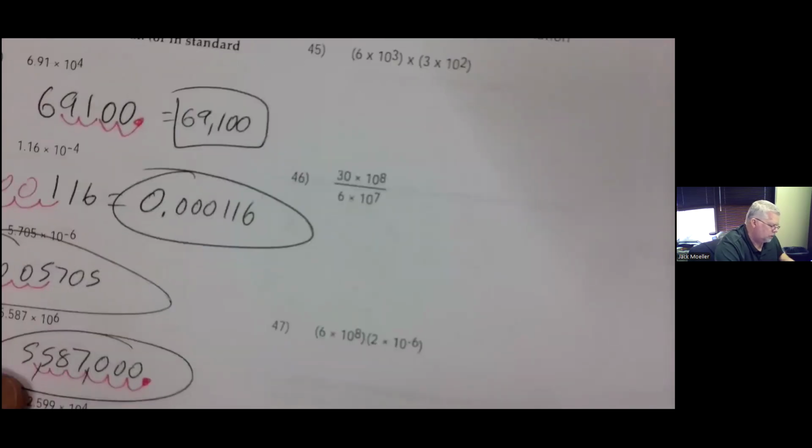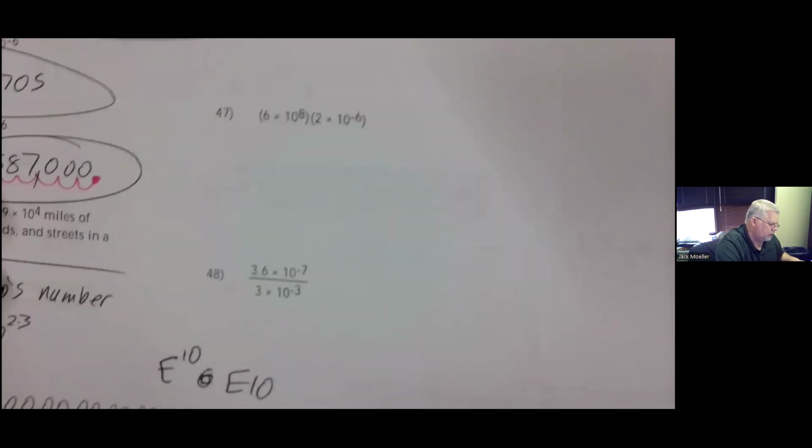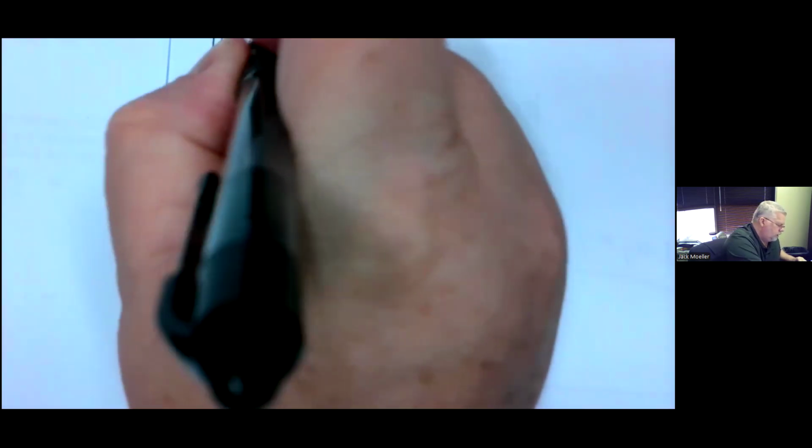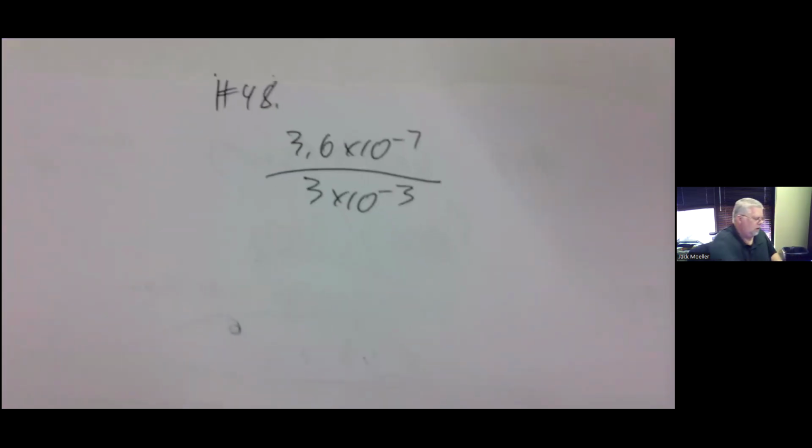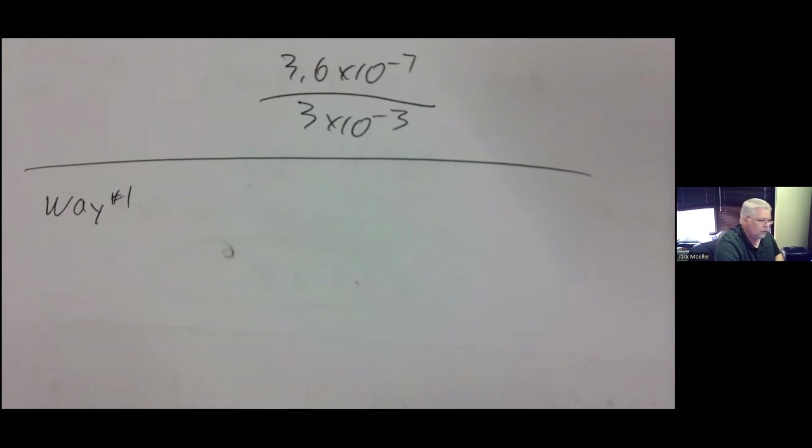All right, and let's do one with a negative exponent. So that's 3.6 times 10 to the negative 7th over 3 times 10 to the negative 3rd. We're going to convert it first and do the operations, and then we'll do it in the calculator.